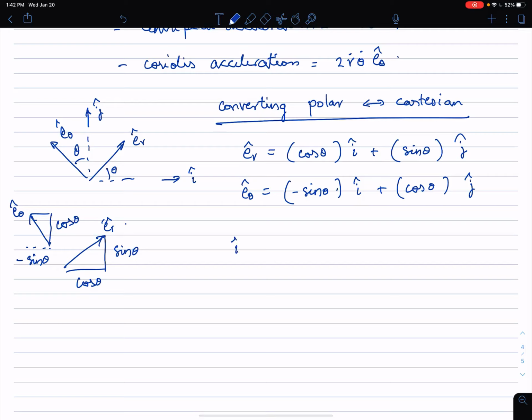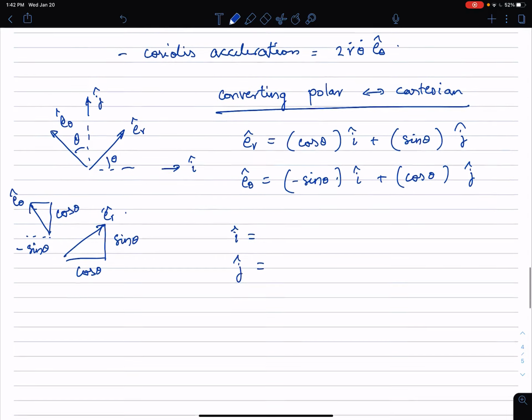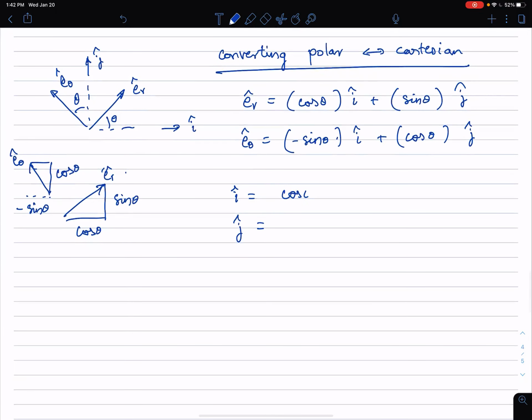And similarly, you can show that i is cosine theta e_r minus sine theta e_theta, and j is sine theta e_r plus cosine theta e_theta.